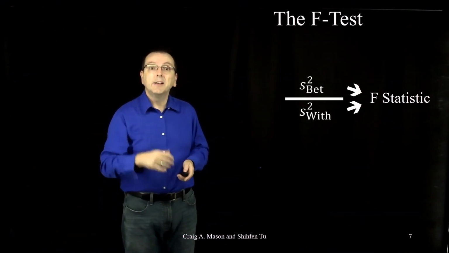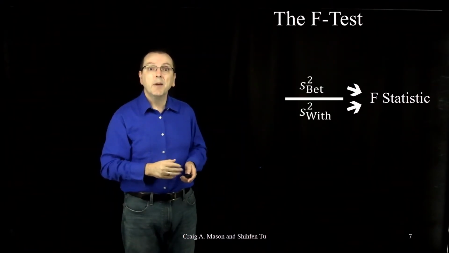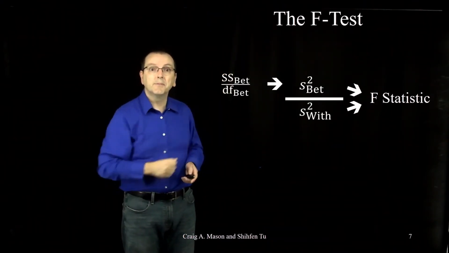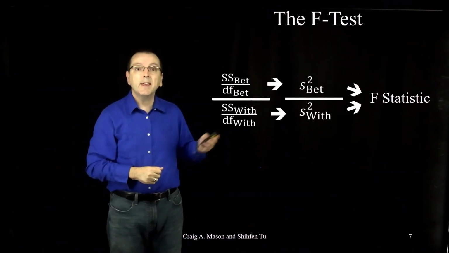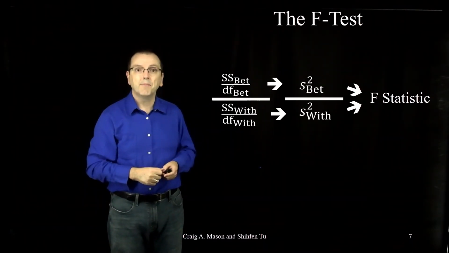But now we have two different types of variance, so we'll need to use two different types of sums of squares and two different degrees of freedom. We're going to have a sum of squares and degrees of freedom that's between the groups, and a sum of squares and degrees of freedom that's within the groups. All right?